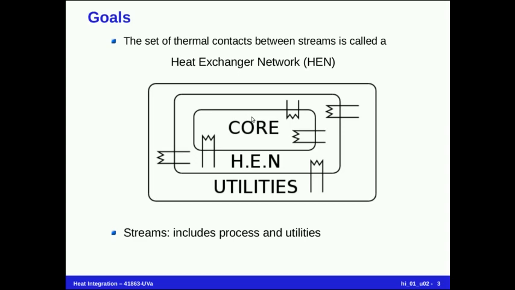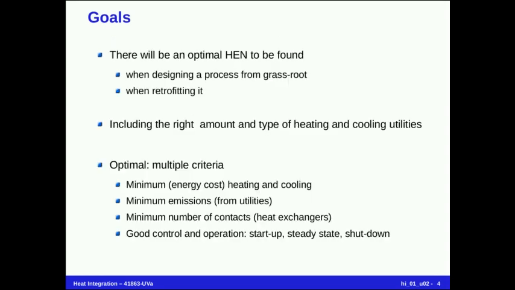It is surrounded by the heat exchanger network, with thermal contacts between the two, taking heat in and out of the core. And then the heat exchanger network is served and surrounded by the utilities layer, with thermal contacts that feed heat into the network and take heat out of the network. These are the heating and cooling utilities layer.